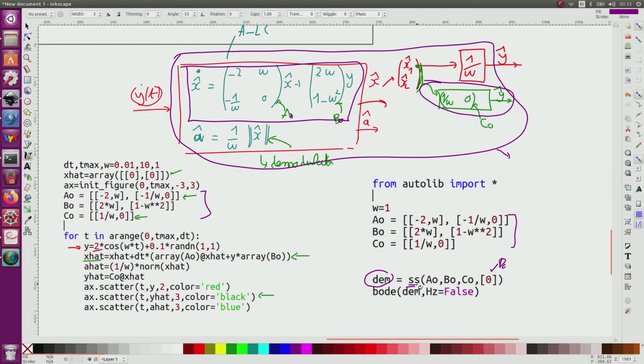So I build it here, and then here I build the Bode diagram. I put the option Hertz equal to false because I want to have it in radian per second. Okay, so recall that omega is equal to 1, so we may expect that the pulsations around 1 radian per second can cross this filter quite easily.